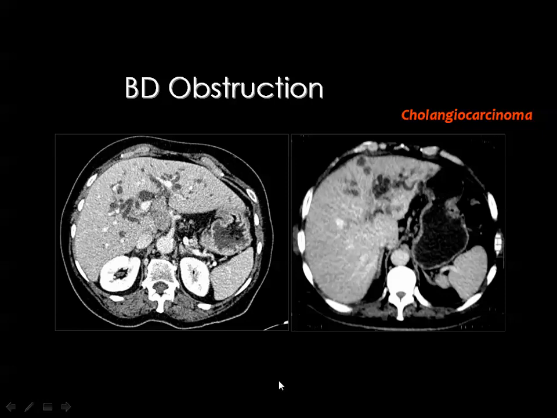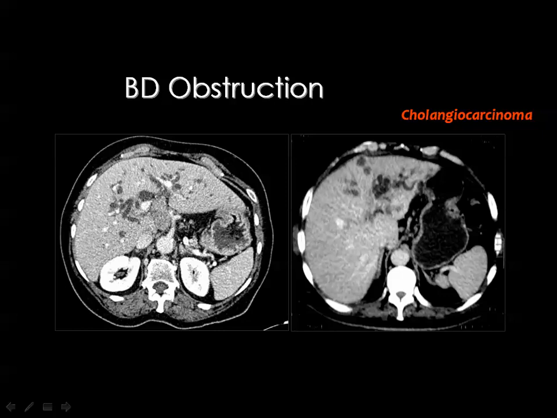Then we come to the issue of jaundice or biliary obstruction, and I have said that whenever you look at the contrast-enhanced CT scan and you see multiple linear hypodensities going through the liver parenchyma, you know that these are dilated biliary radicals, and you should look for the site of obstruction and the cause of obstruction.